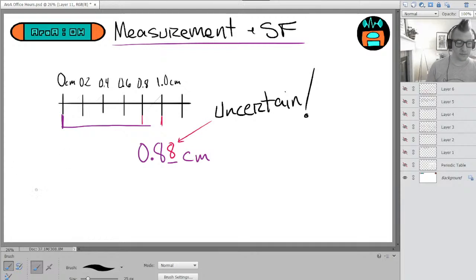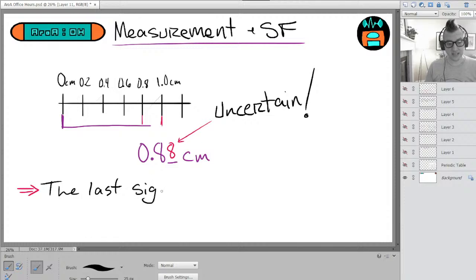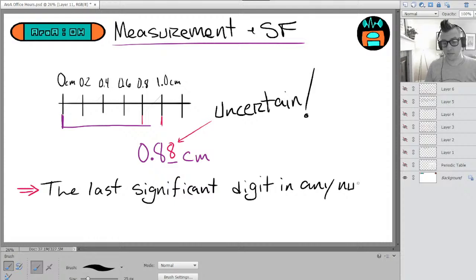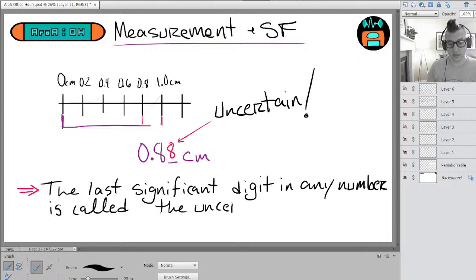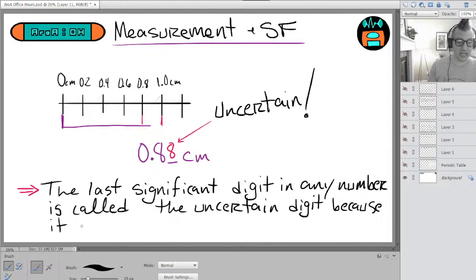The thing is, the last significant digit in any number is called the uncertain digit because it is our best guess.